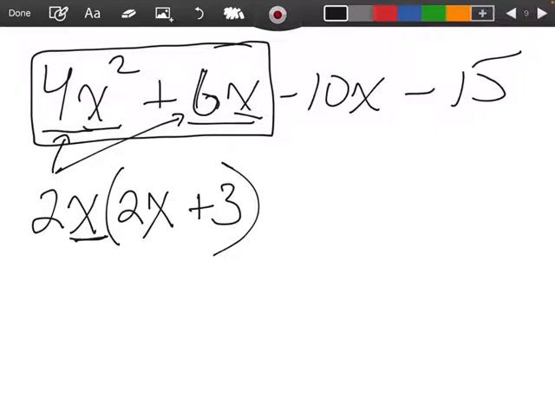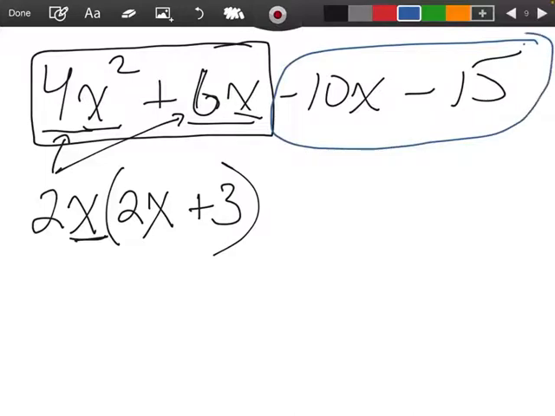Okay? Now, we're going to do the same thing over here. We're going to look at these two pieces. The first thing I want you to notice is that there's a negative right there. Anytime this first piece is a negative, whatever number we're thinking about taking out, we need to make sure it's negative. So between 10 and 15, we can take out a negative 5.